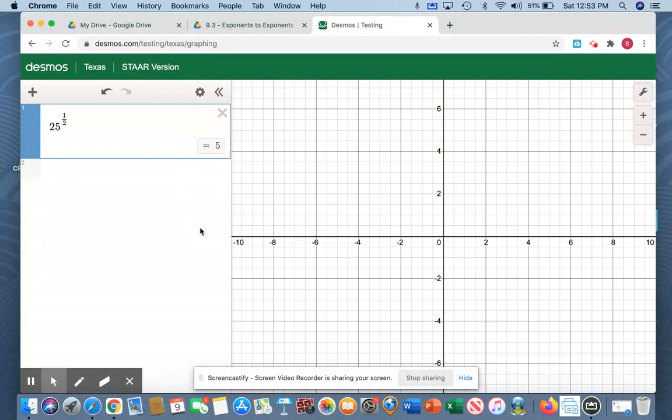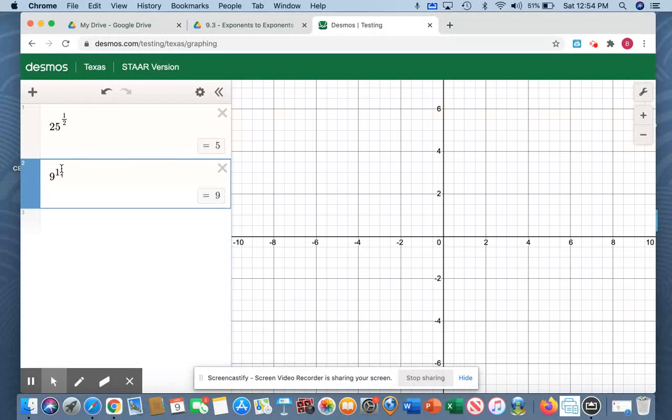I really don't want to go into it. We're going to be talking about it. What you're really doing when you take a half is you're taking the square root of 25. Like if I did 9 to the half power, it would be 3 because the square root of 9 is 3.